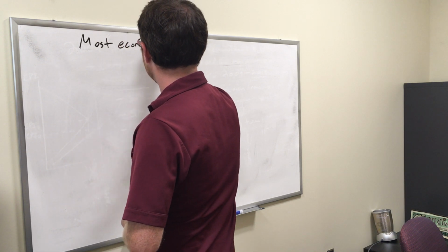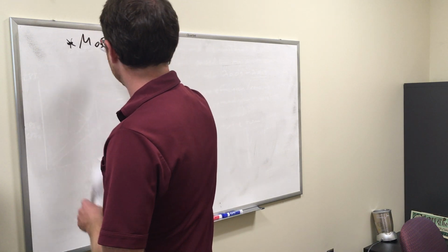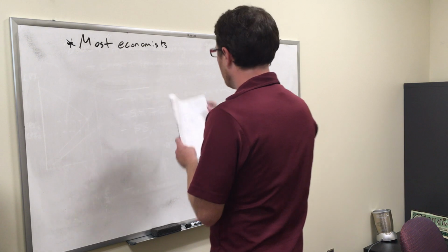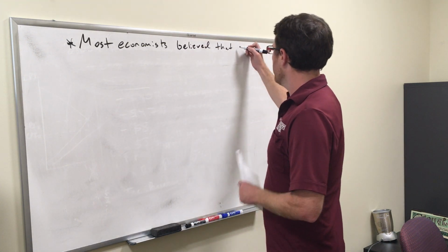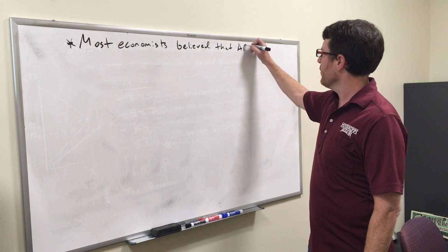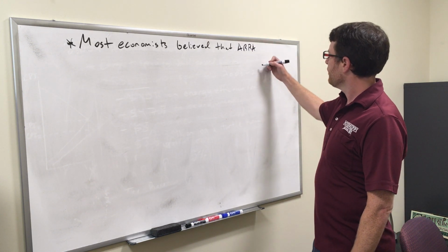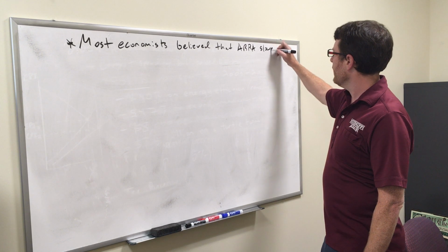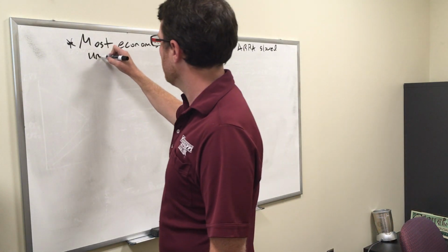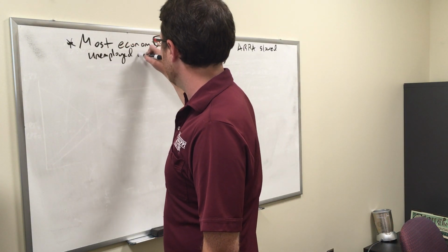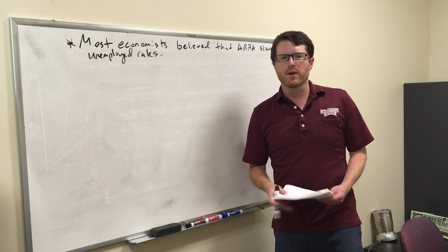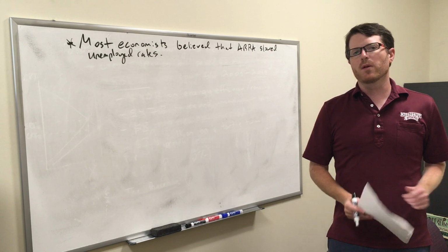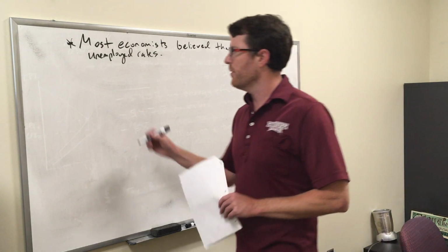Most economists believe that the American Recovery and Reinvestment Act slowed unemployment rates. There's a paper that surveyed economists and asked them about this, and 82% said they agree that it did help ease unemployment rates and get people back into employment.